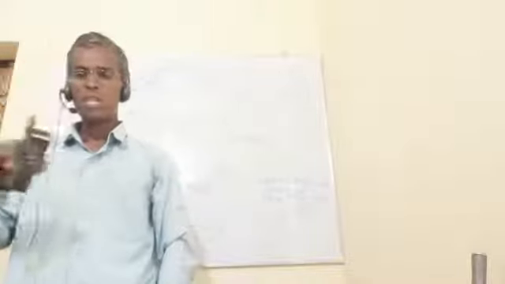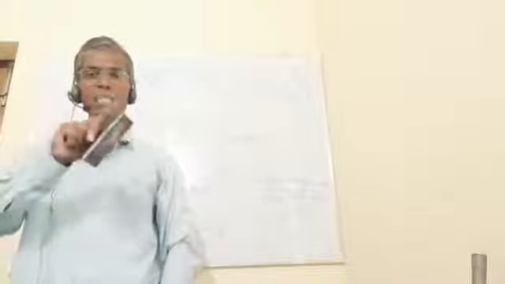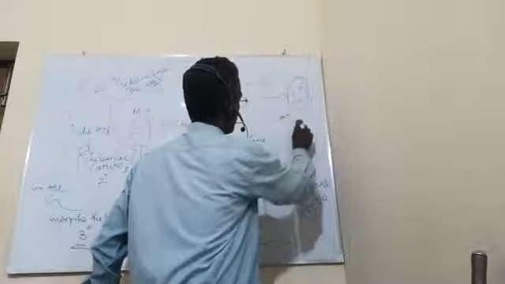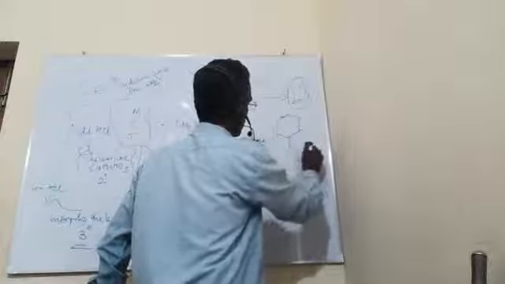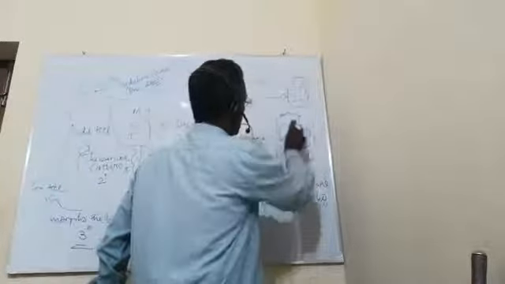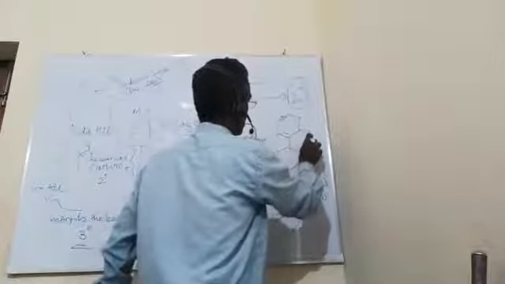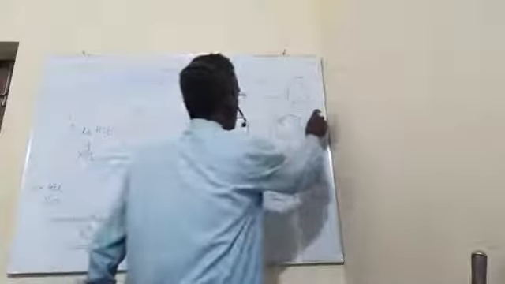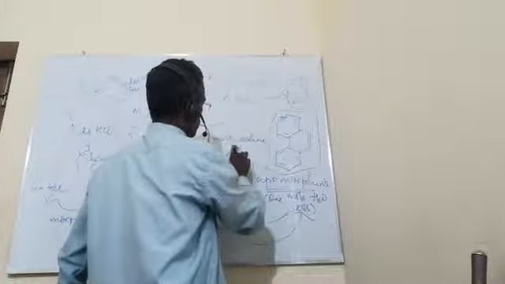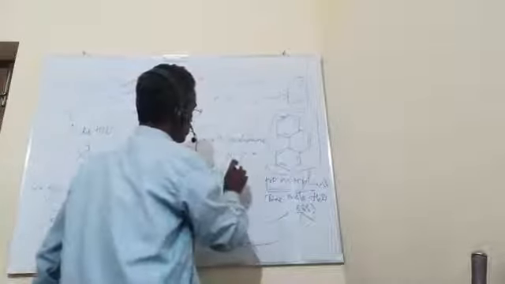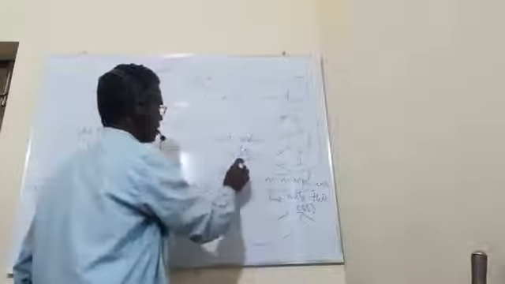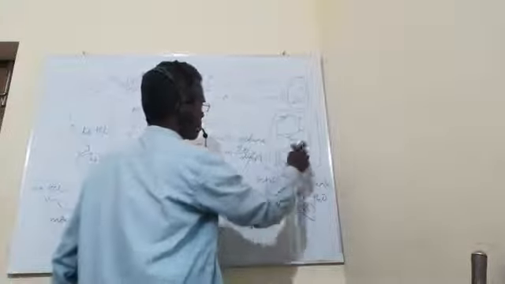Phenanthrene, a three-membered cyclic structure. As I explained the structure of phenanthrene in the last class, anyway, I will draw the phenanthrene structure here. This is your phenanthrene. This phenanthrene we get once we go for distillation of morphine using your zinc dust, giving the phenanthrene nucleus plus bases.